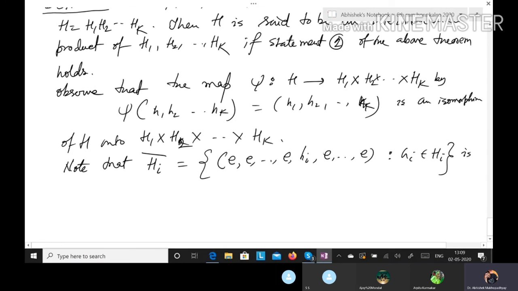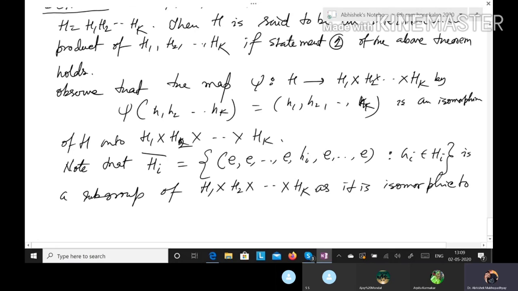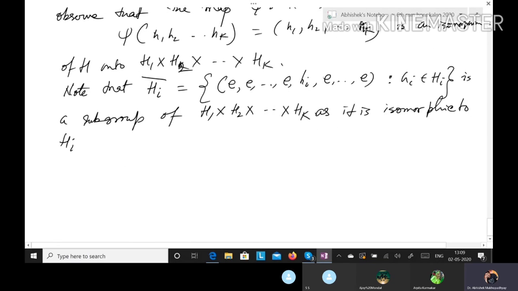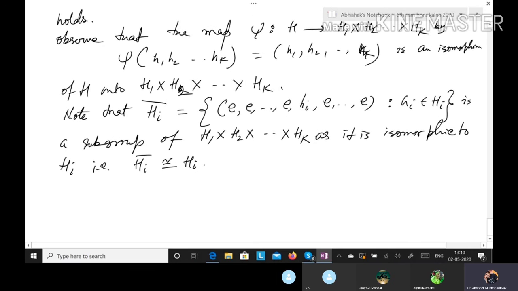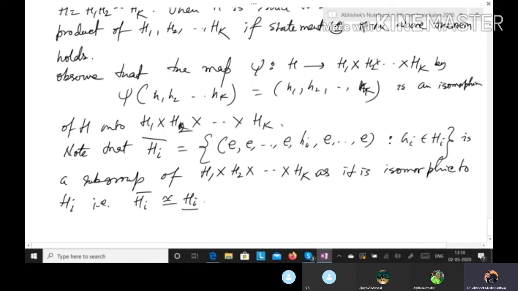And this is a subgroup of H1 cross H2 cross Hk, because it is isomorphic to Hi. That is, Hi bar is isomorphic to capital Hi. That is, for each capital Hi, we can find a copy of capital Hi in the group H1 cross H2 cross Hk.